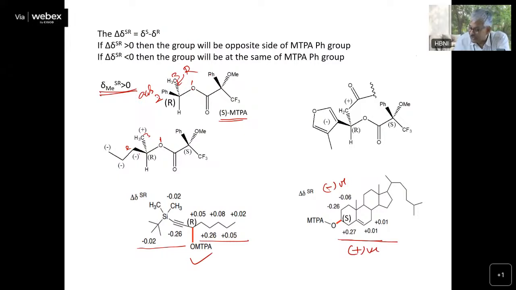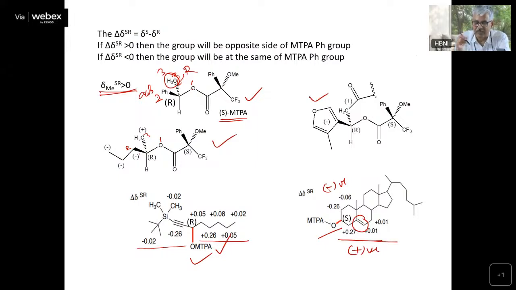But if you see the pattern, in all cases so far, in this case, this case, this case, and this case, the priority of this methyl group is 3. But in this case, this will not be 3. Because of this double bond, the priority changes. So automatically now this will be of S configuration. Clear?